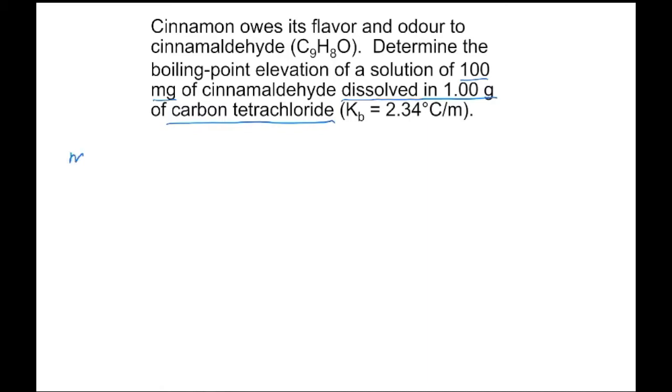Okay, so molar mass of cinnamaldehyde. Okay, so we have 9 carbons, 8 hydrogens, and 1 oxygen. Carbon, we have 9 of them, and they have a molar mass of 12 grams per mole.